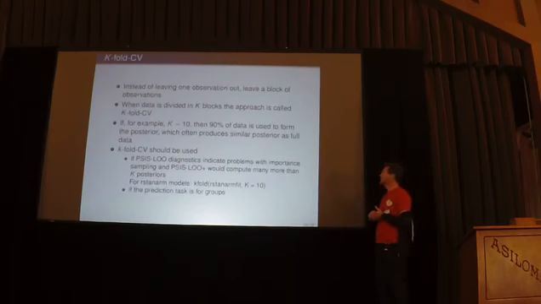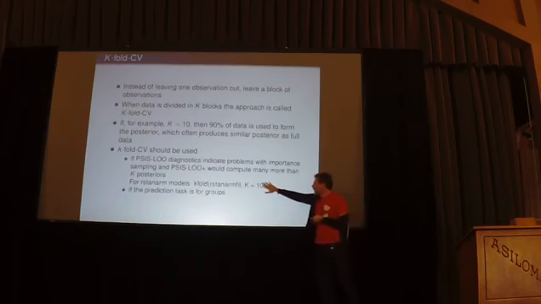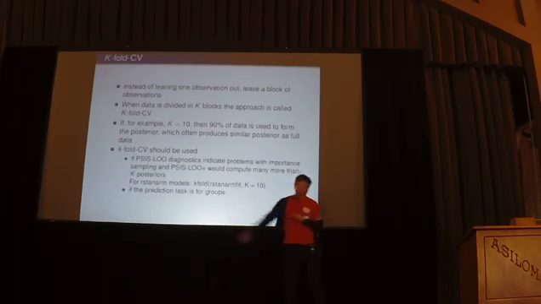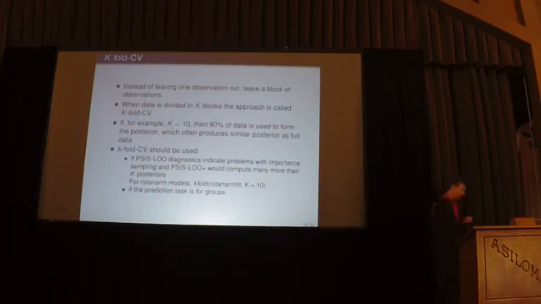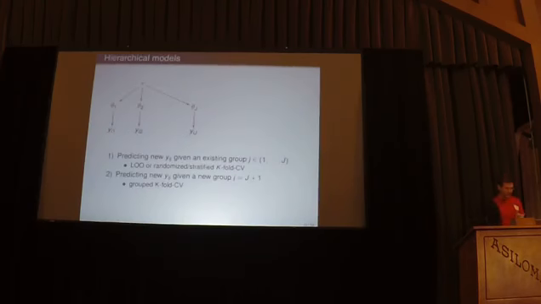So quite often we should get posteriors similar to the full data. In RStanARM it's possible to run k-fold, and we can also use k-fold CV if we have hierarchical models, about which I'll say something more.